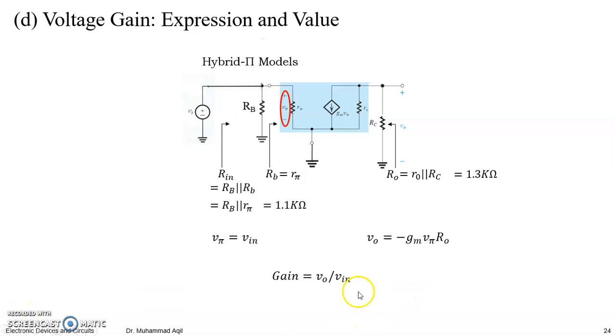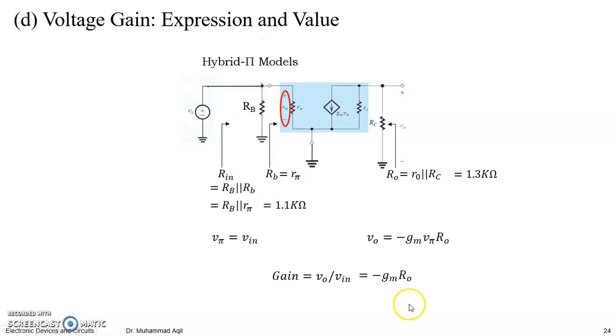Okay, so we can divide this equation by your input voltage, right? Your V in is V pi. So V out by V in, then V pi cancels out, and we get minus Gm R naught, because V pi divided by V pi cancels out, right?